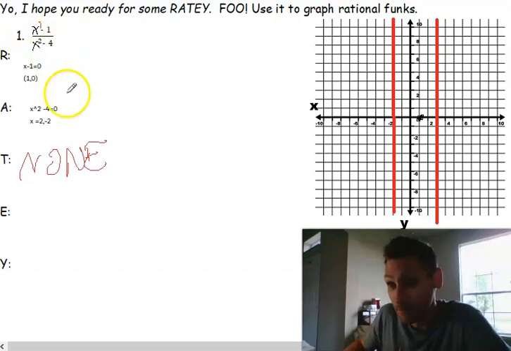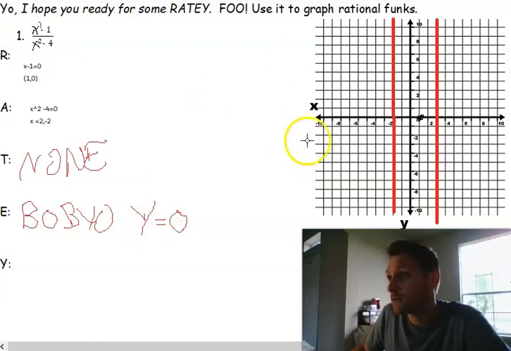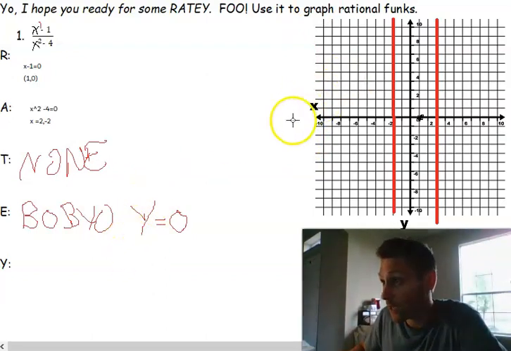We call it Bobbio. And we say that y equals 0. I'm going to pick yellow. And there's going to be a horizontal asymptote or an end behavior at y equals 0.